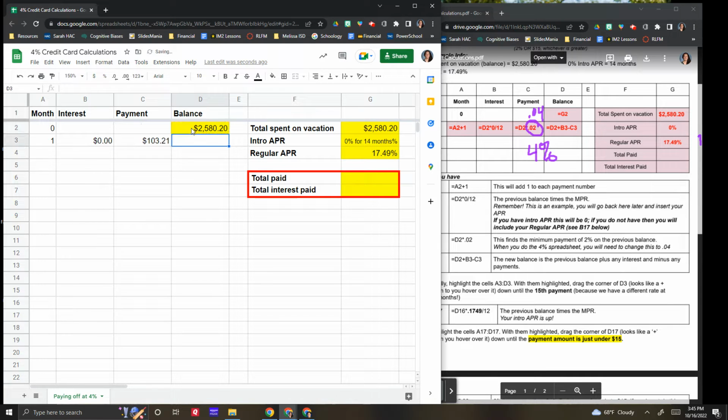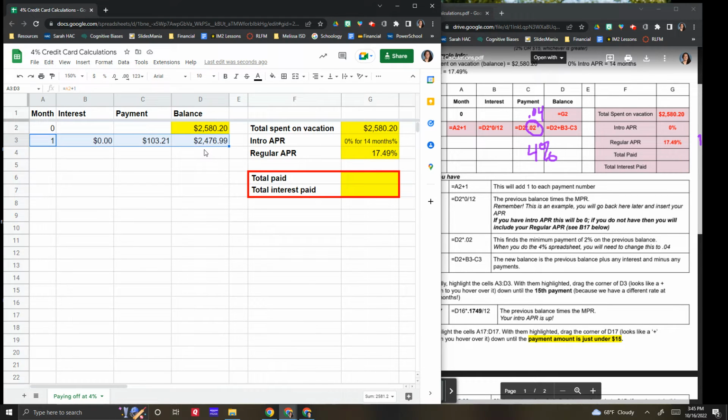And so you notice that now my payment is $103.21 per month. And then the new balance is the previous balance plus the interest and then minus the payment. Right? So the new balance is $2,476.99.